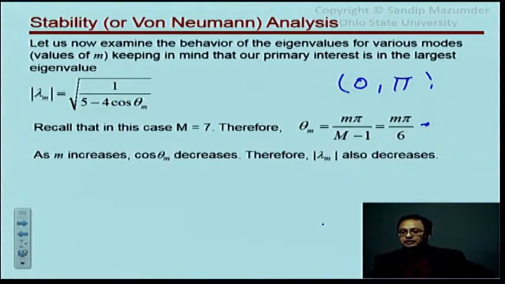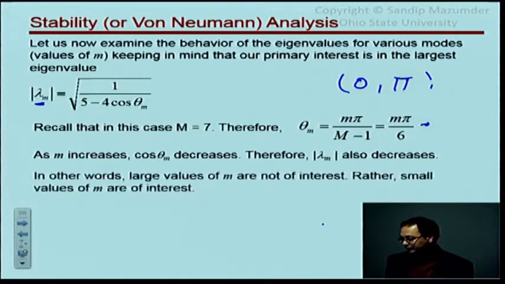In the range 0 to pi, cosine theta m is decreasing with increasing theta m, and so therefore this is actually decreasing with increasing value of m. So in other words, large values of m are not of interest because they give me the small eigenvalues. It's the small values of m that we are interested in.